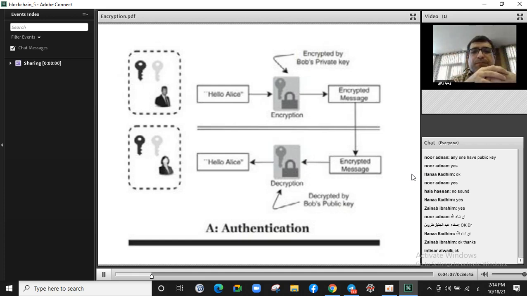Send it to the network. Now Alice can decrypt the message by Bob's public key.